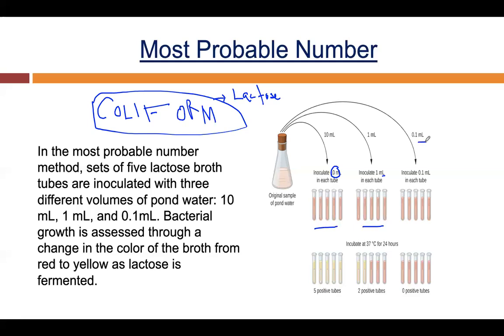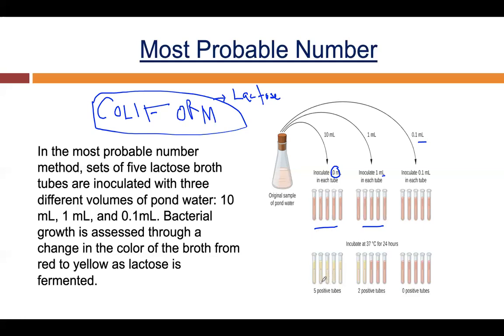Over here 0.1 ml, and then we allow bacteria to grow. If coliform bacteria are there, they will ferment that lactose, and that media has a special type of dye. If bacteria can ferment lactose, then the pink color will change into yellow color.